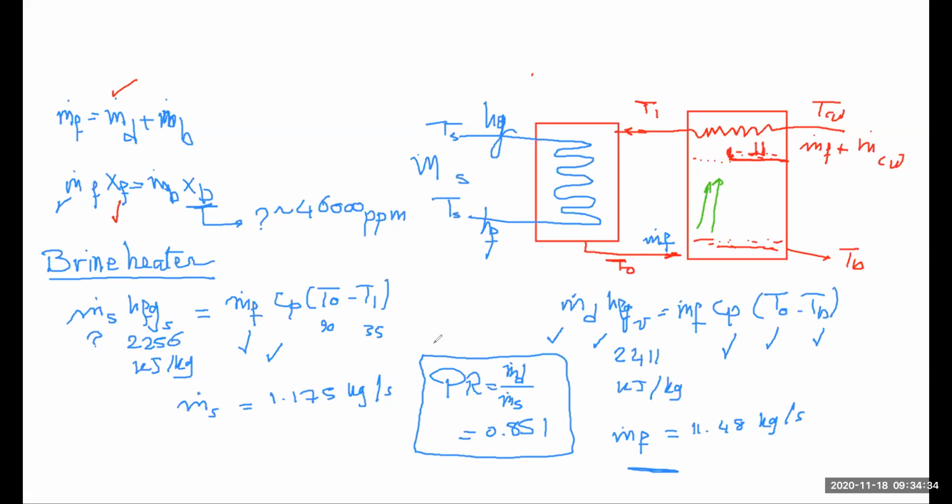Anybody remember that? Much lower than... Single effect evaporation, around 1. The value was 0.97 or so. So the single effect evaporation in that sense is operating better than the MSF. This is interesting. So keep that in mind.